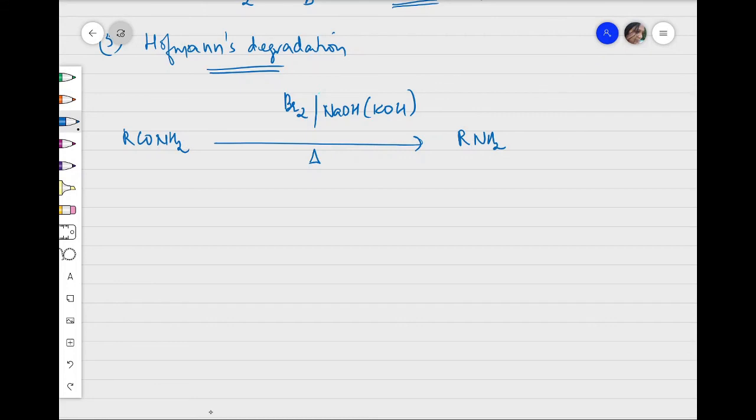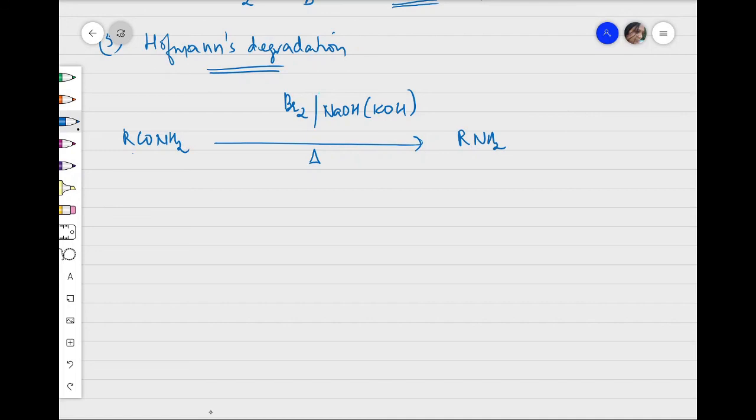Okay, so this is a step down, though it is not the same homologous series, sorry, it is not the same family, but you are getting one carbon less. So this is a descending step, especially when you go for a series of reactions or a conversion where you want one carbon less, you have to go through this reaction.